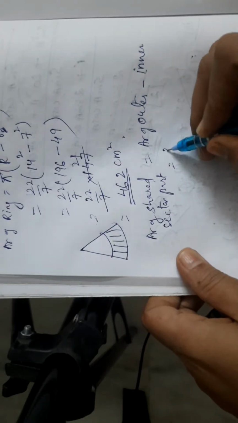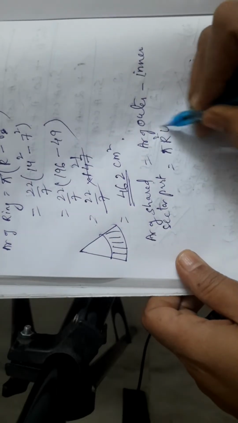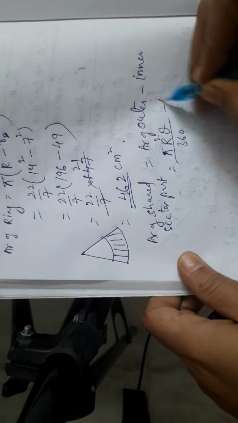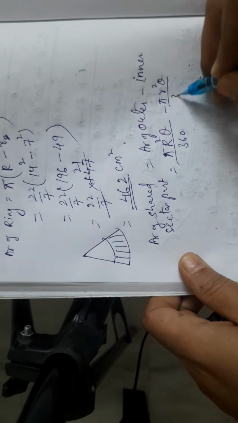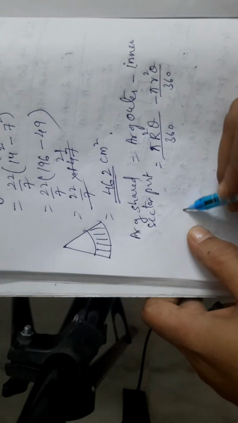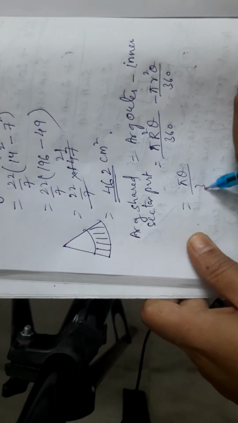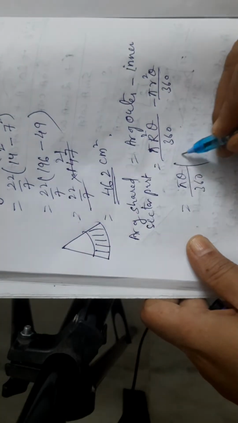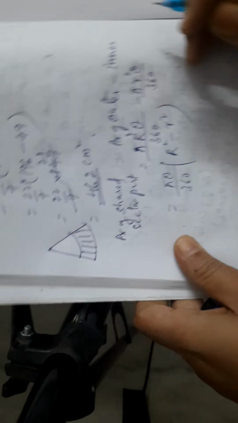Area of sector formula: pi r square theta upon 360 minus pi r square theta upon 360. So here pi theta upon 360 is taken common, times R square minus r square.